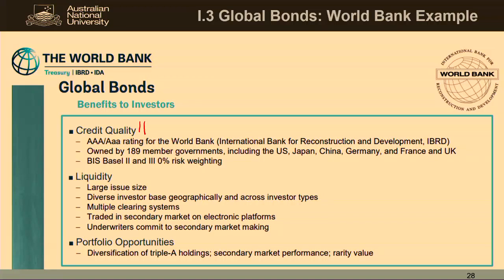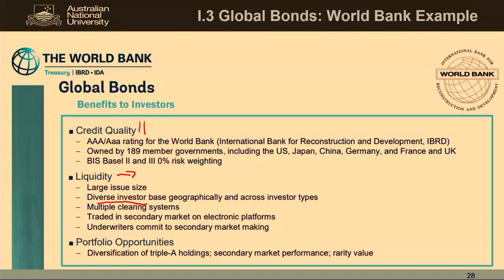And then we have liquidity. They are very large in issue size. They have a very diverse investor base geographically, so it diversifies the funding risks for the bank. And it's also very well regulated because it's looked after by multiple different clearing systems. And so there's a lot of liquidity and guarantee.